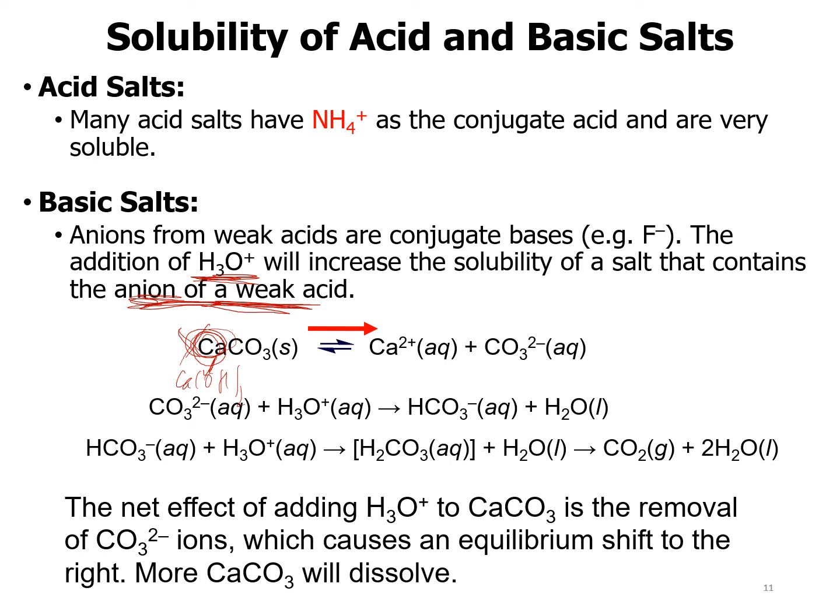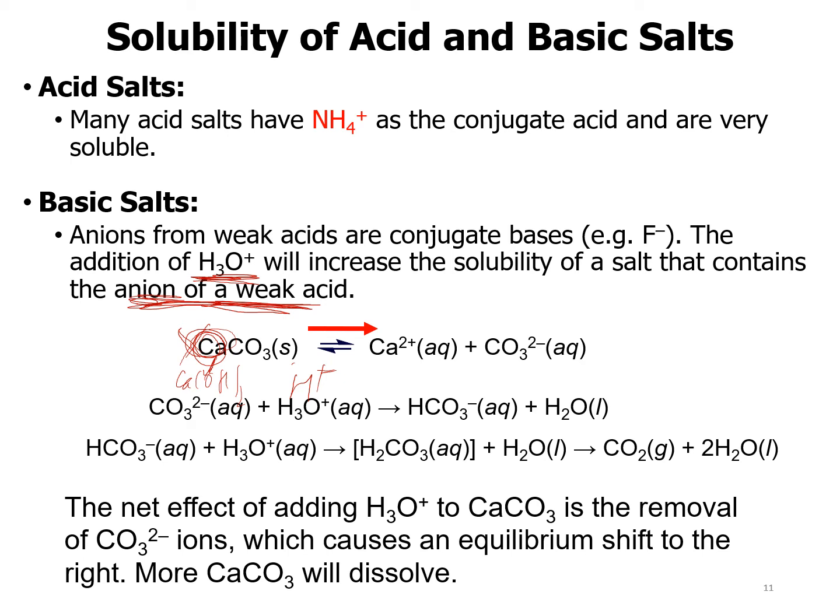This weak conjugate base is going to react with the acid, H3O+, or you can simply write it as H+, same thing, and give us bicarbonate ion and water. This bicarbonate ion can further react with more acid to produce carbonic acid, which can later be converted to CO2 and water.